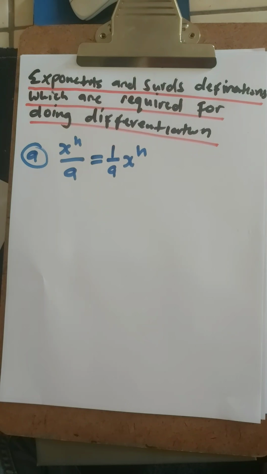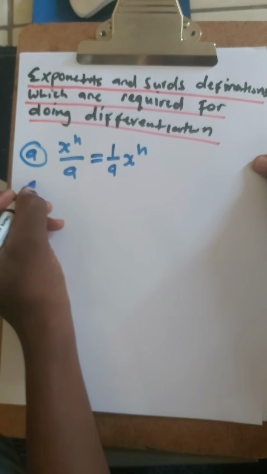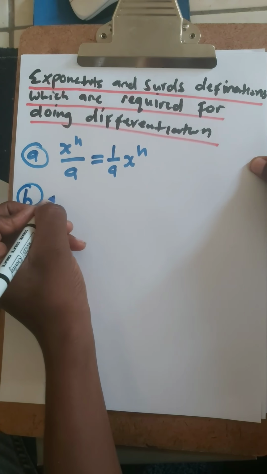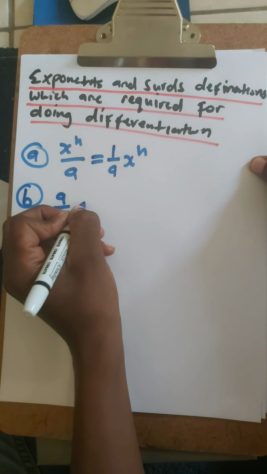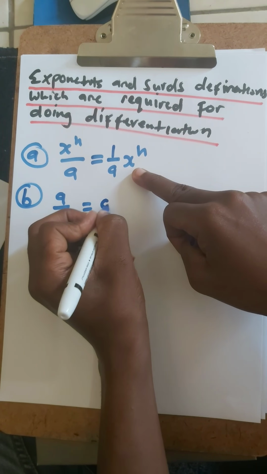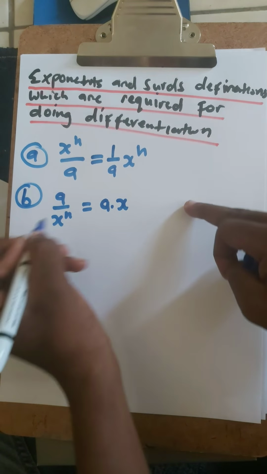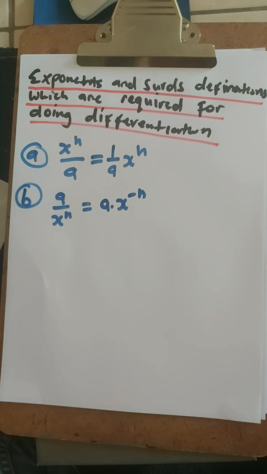Let's check b, a to the exponent x n. I want to make this a multiplied by x to the exponent minus n, then you can differentiate easily.